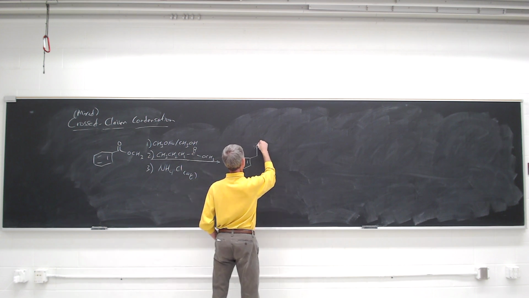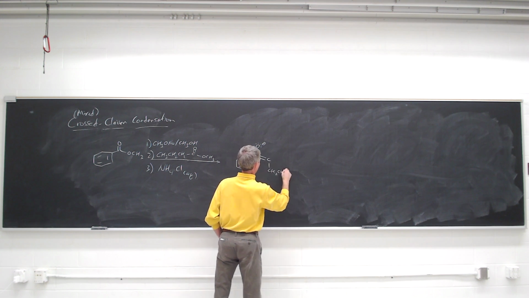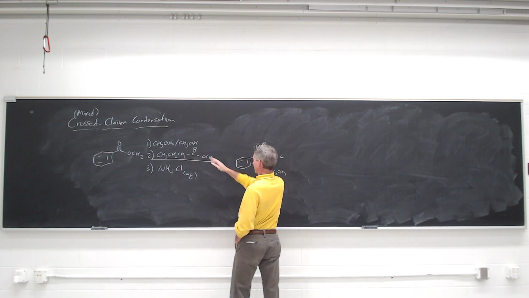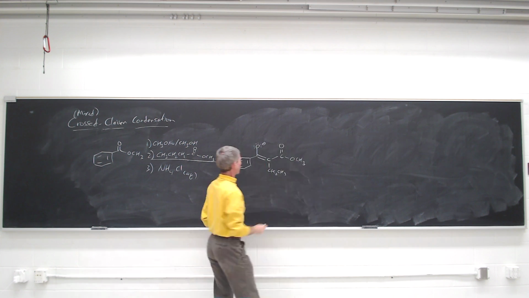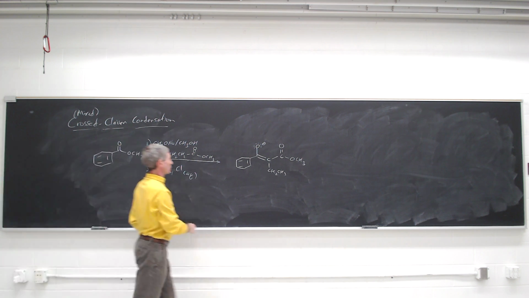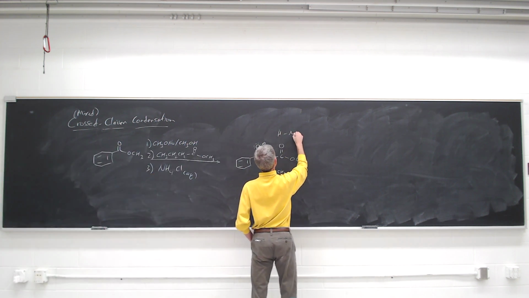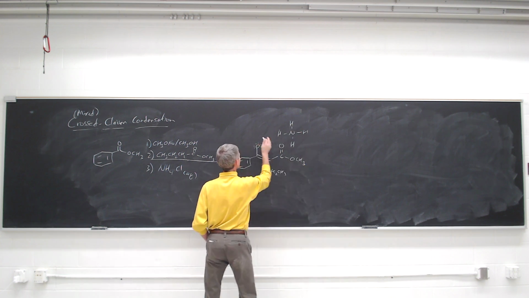I won't show the whole mechanism this time, obviously, as we just showed it. But at the end of step 2, what we're left with is this ester enolate, and then the ammonium chloride provides that last proton.